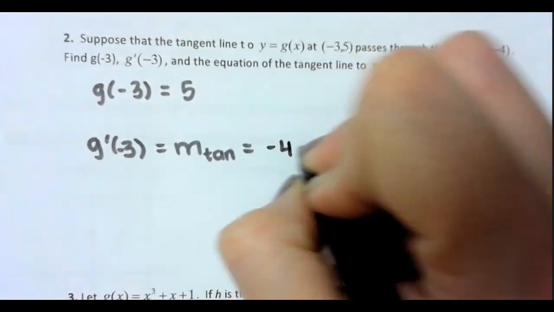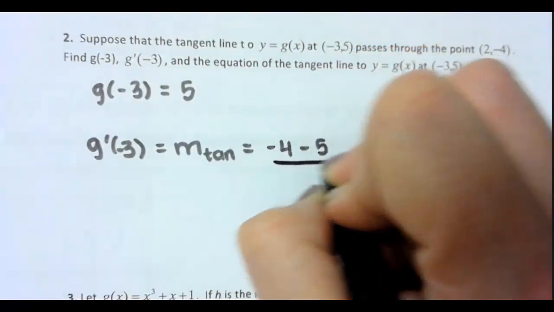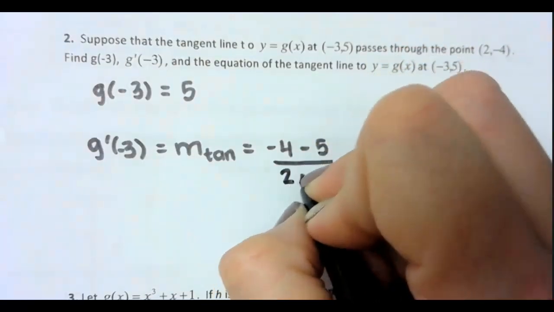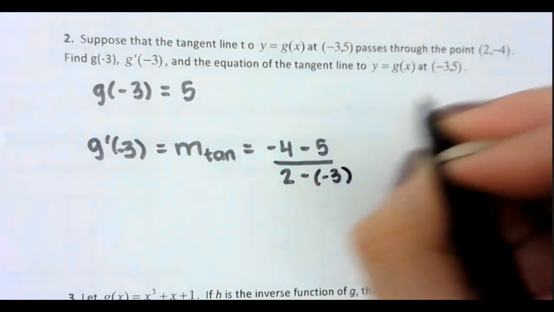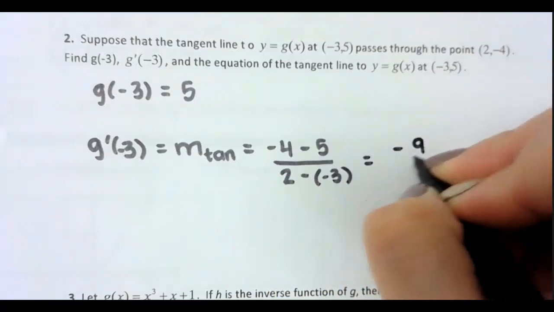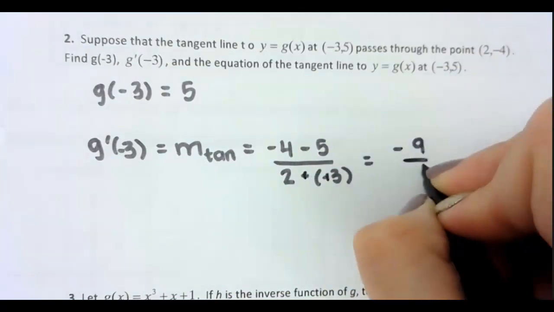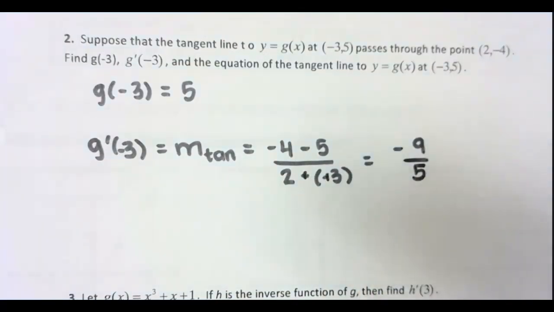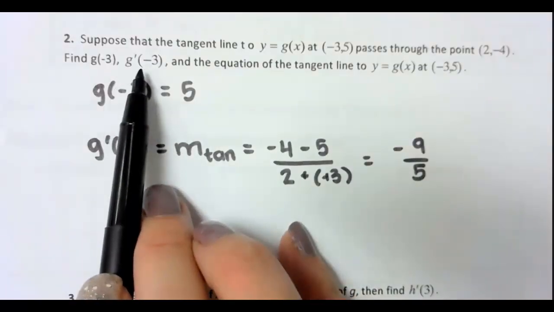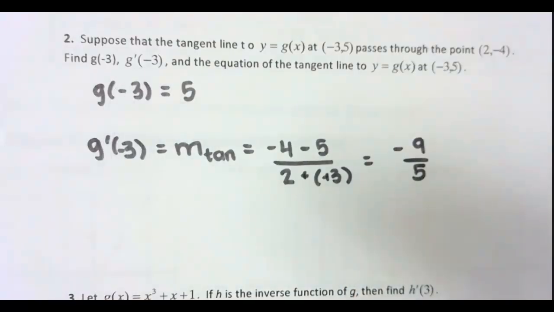So it's y2 minus y1 over x2 minus x1. So I get a slope of -9/5. And again, that slope would represent the derivative at -3.